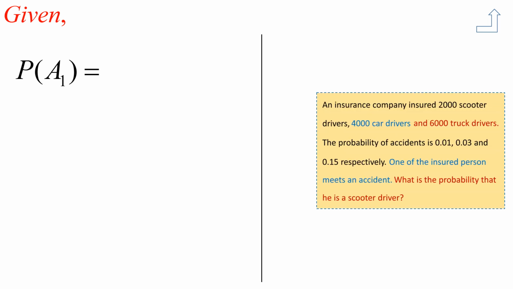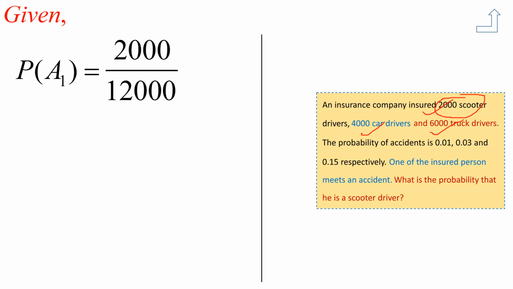So here we write, okay, we know that there are 2000 scooter drivers and total number of drivers are 12,000. So what is the chance that a scooter driver may be selected? 2000 divided by 12,000. 2000 represents the number of favorable outcomes and 12,000 represents the number of total possible outcomes.